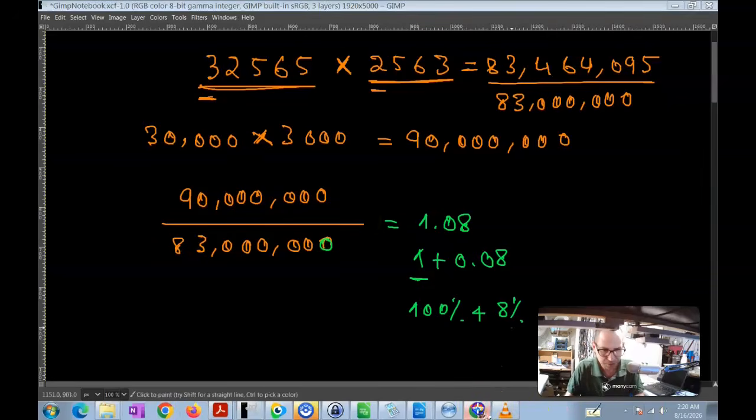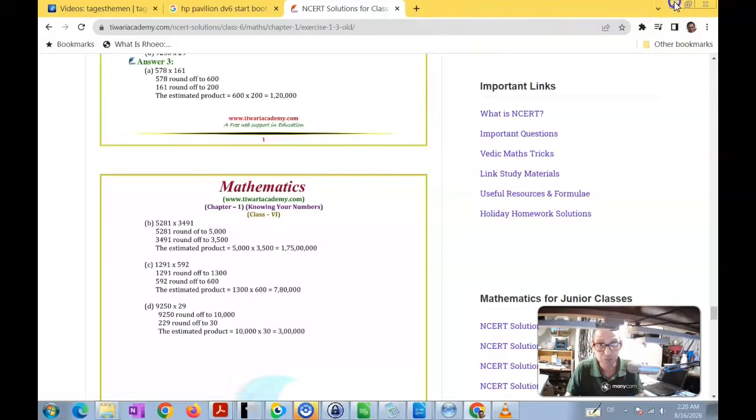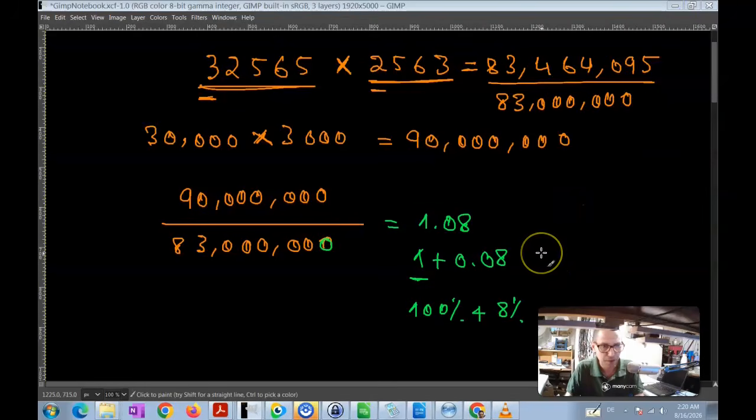Now what's important here is that in the approximation that we did, the number that I got, I was supposed to get actually 83 million.